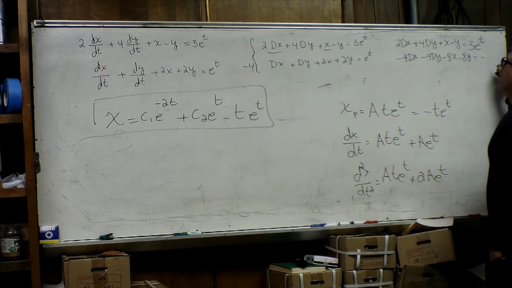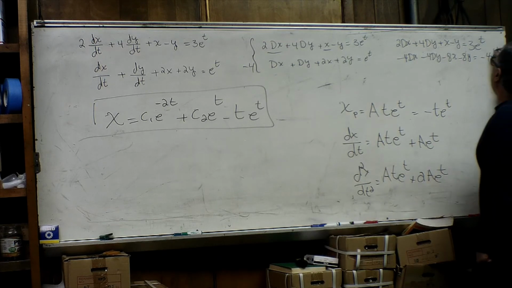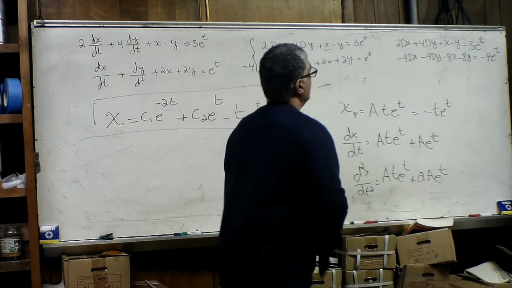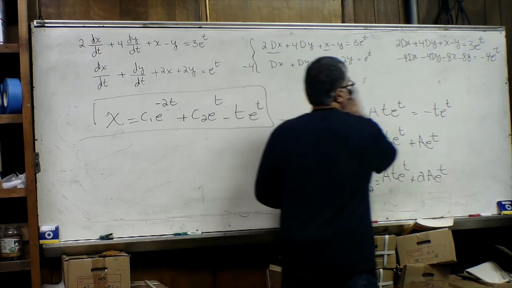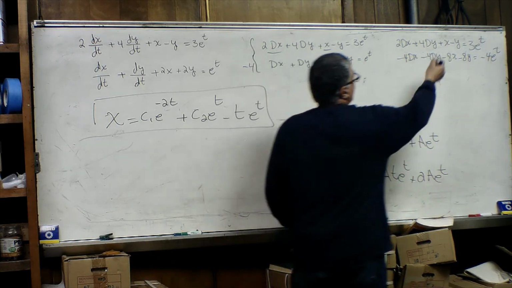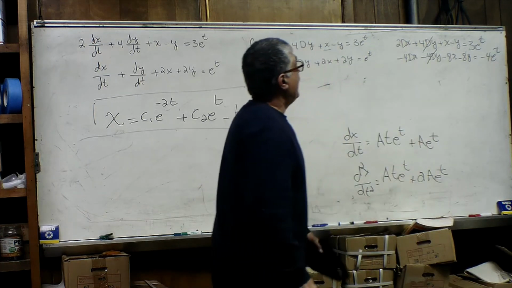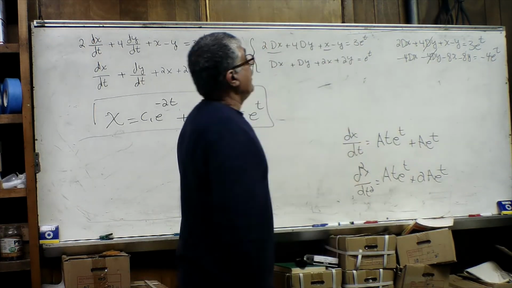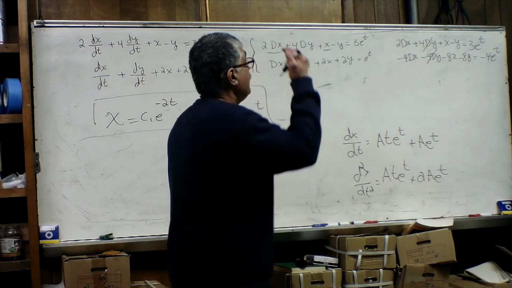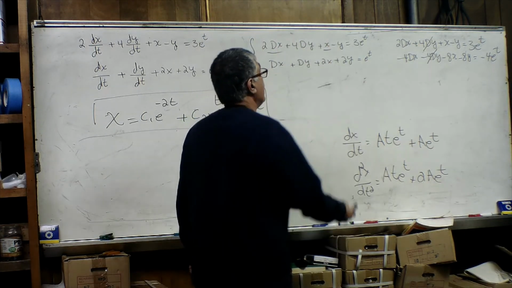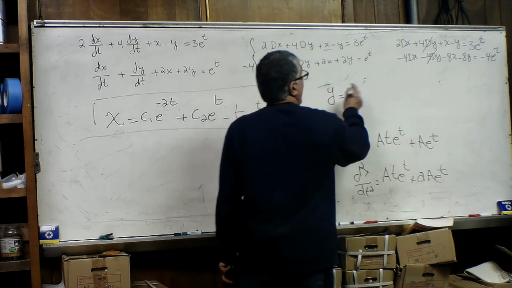minus 4e to power t. So here, as we see, the dy's are going to cancel out, and if we do the addition and subtraction, we are going to find y.